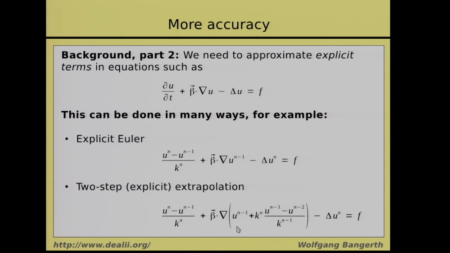So this whole thing here is something like an approximation of u_n. I just extrapolate from the previous two time steps. And that gives me a more accurate solution because I have something that is almost like u_n in this term here, but it's still explicit because I don't have u_n in that place. So I can get higher order accuracy from this.